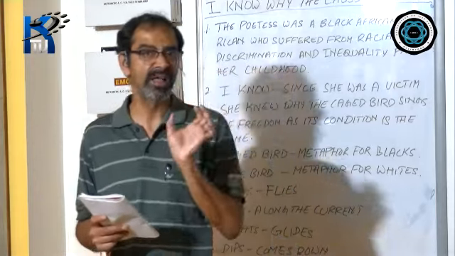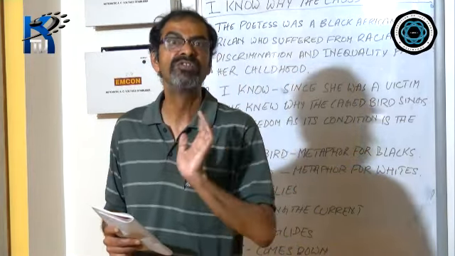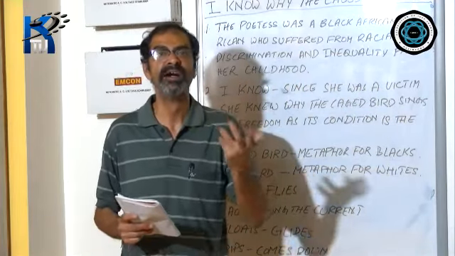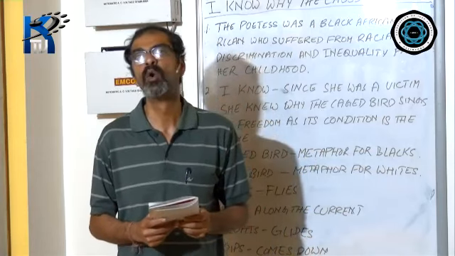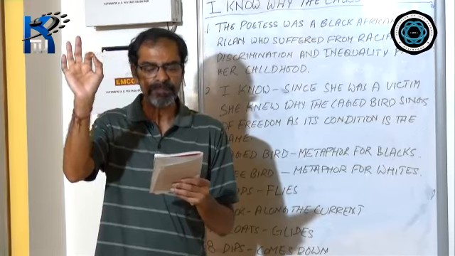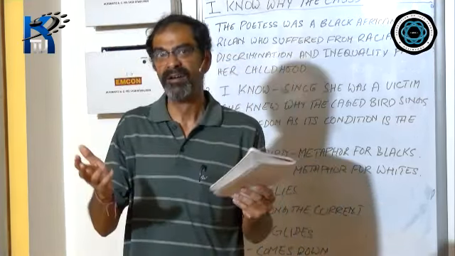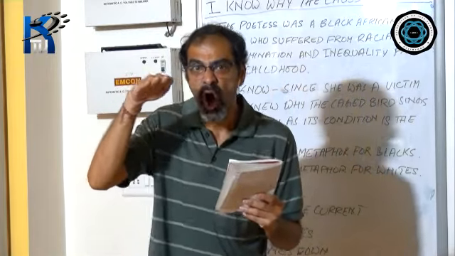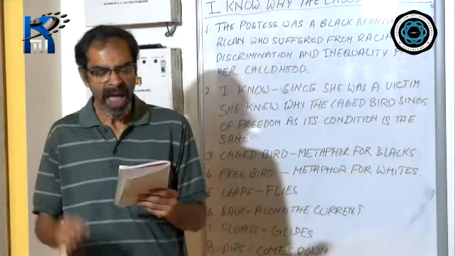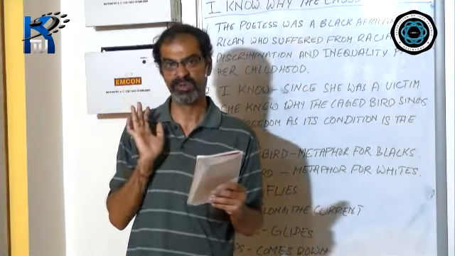The first stanza begins with a description of the free bird. And I told you the free bird here represents the white people. A free bird leaps on the back of the wind. A free bird flies along with the current of the wind and floats downstream till the current ends.